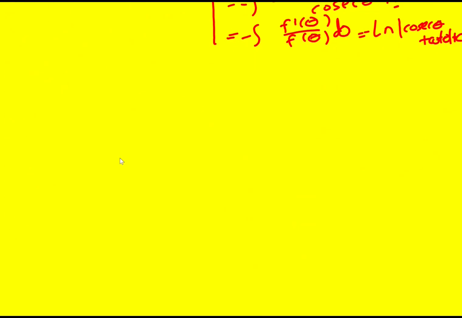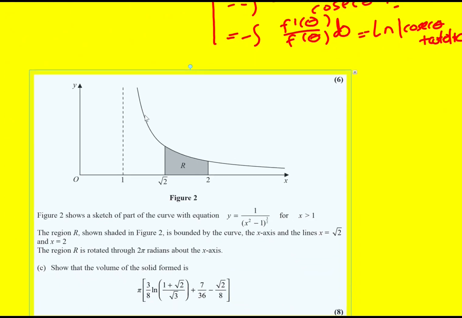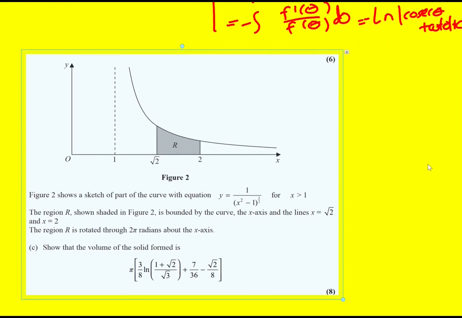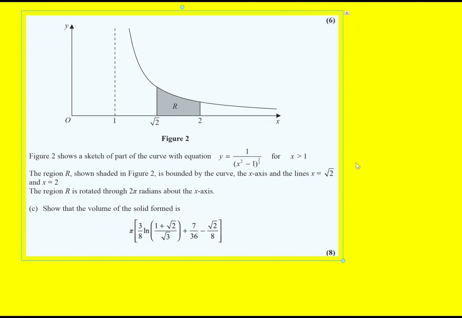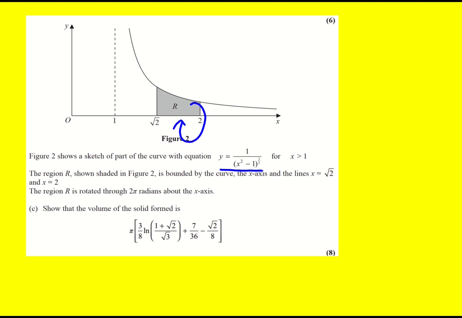This takes us to the final part of the problem, and you'll understand why this is question 7. Okay, we've now got the original function that we had, this thing here, and previously we worked out the area underneath, but now we're being asked to find a volume of revolution, and the whole thing is rotated around the x-axis.